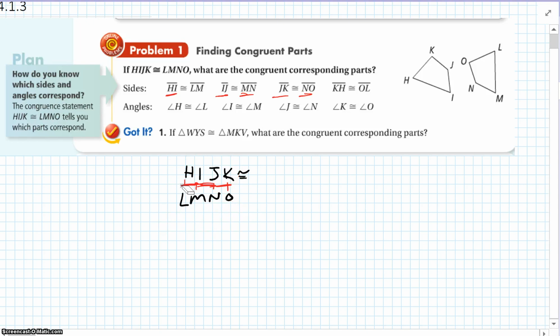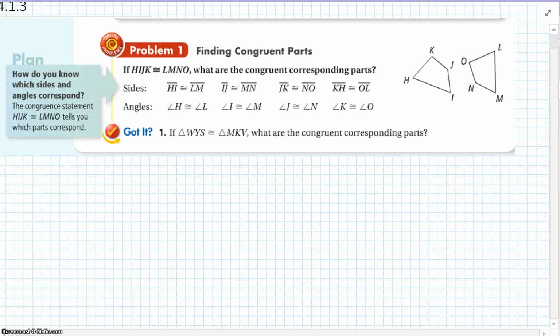See how we did that? It's just an easy way to make sure we see it. And the angles correspond as well. H is to L, I is to M, J is to N, and K is to O. Okay, does that make sense?